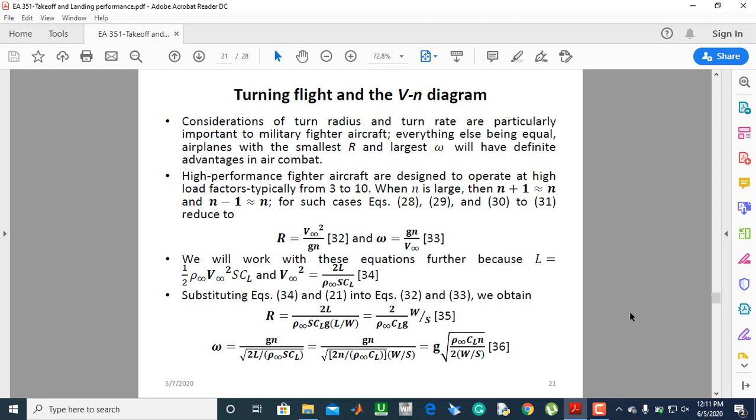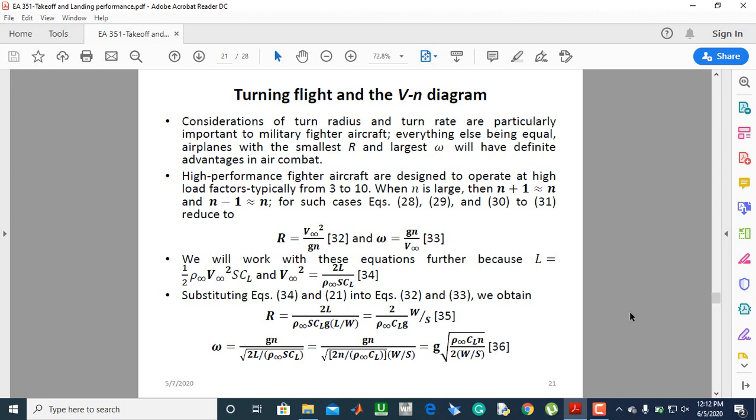Now, from the expression we've looked at for turn radius and turn rate, for a steady turn, pull-up maneuver, a pull-down maneuver, we can make some simplification. When you've got n plus 1 or n minus 1, if the load factor is greater, say above 10, the difference between n plus 1 or n minus 1 and n is not that much. The difference is minimal.